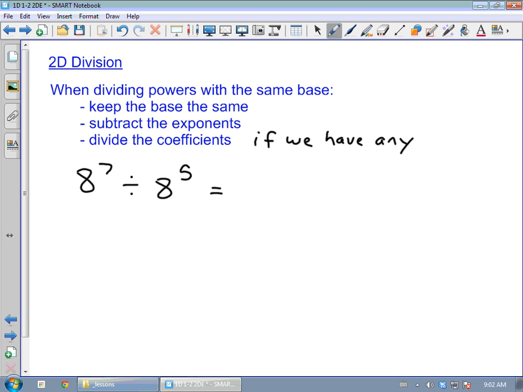So we're going to keep that base the same. To do our division, we subtract our two exponents. So our new exponent is 7 minus 5, or, final answer, 8 to the power of 2. And of course, if this is all numbers, we could simplify this even further to 64.